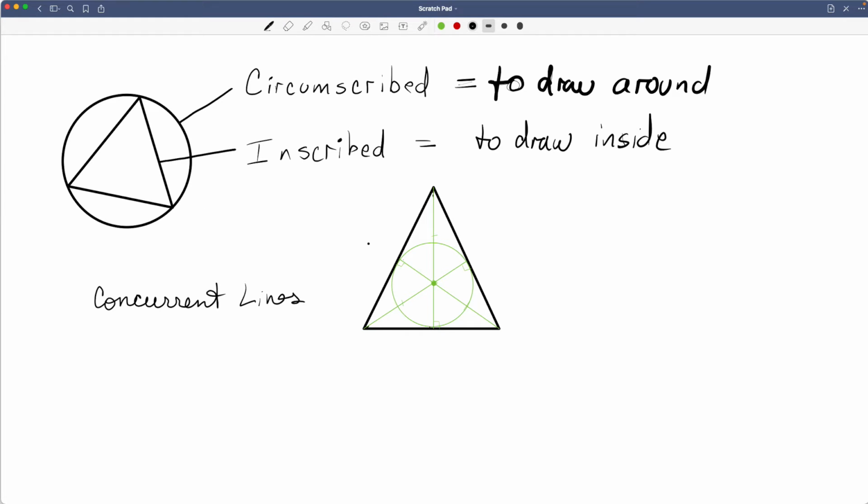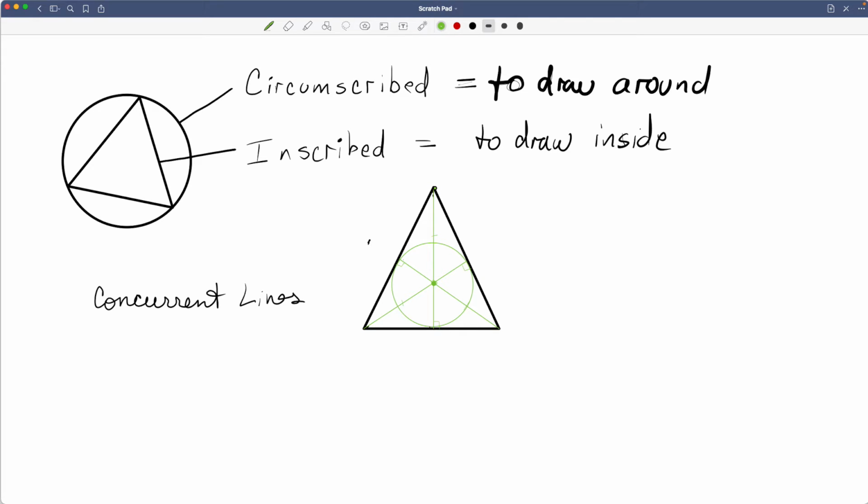Now, speaking of circles and triangles, inscribed and circumscribed, here I have a triangle, and one of the cool features about a triangle is that if you draw a line, let me get this thicker green line.